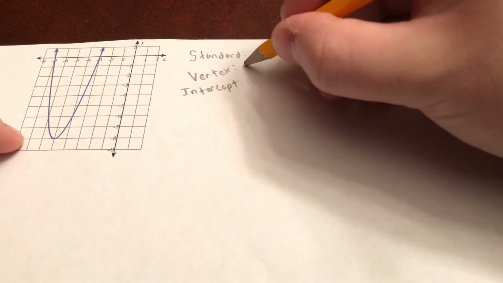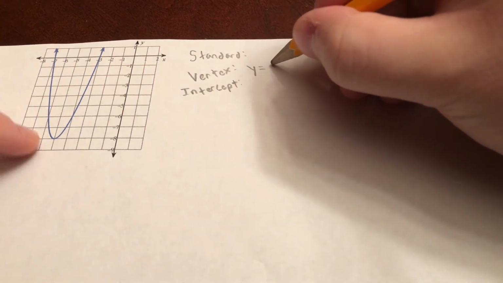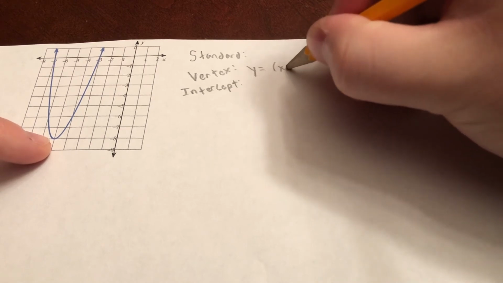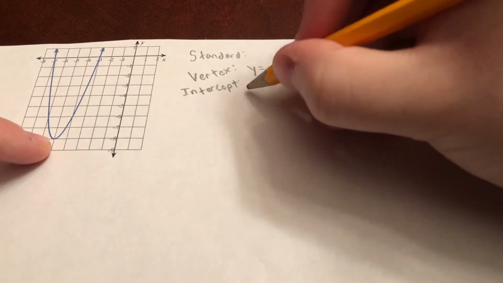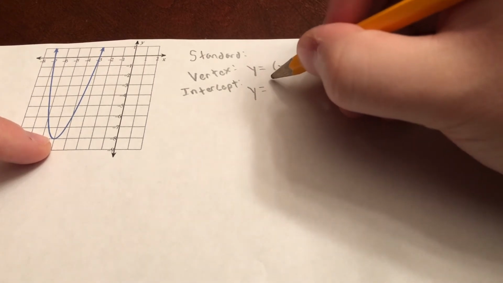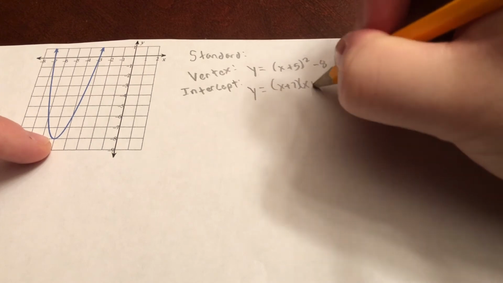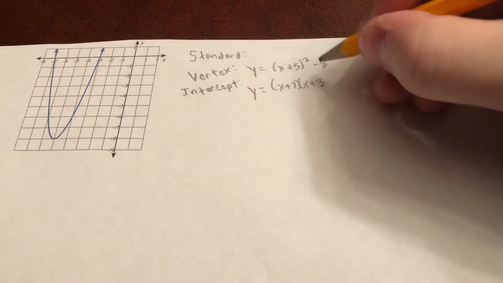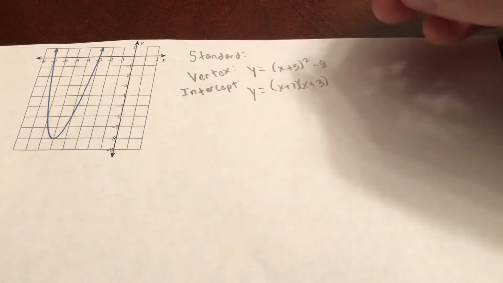So the vertex form is y equals, the vertex is (-5, -8), so it's (x plus 5) squared minus 8, and the intercept form is y equals (x plus 7) times (x plus 3).